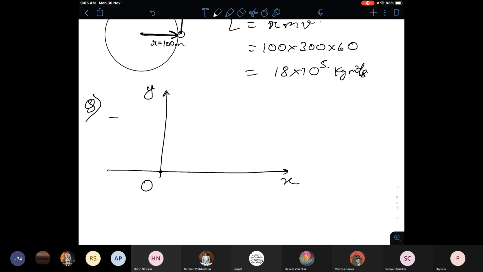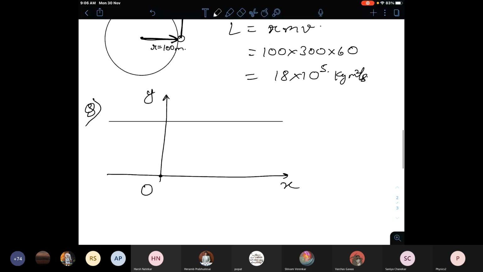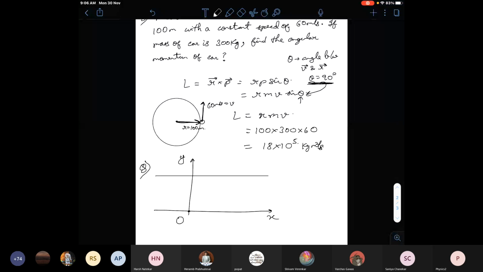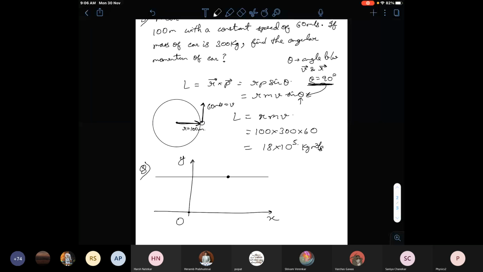A particle is moving on a straight line. Suppose a particle is moving in a straight line. At some instant, at some time, the particle is at this position.